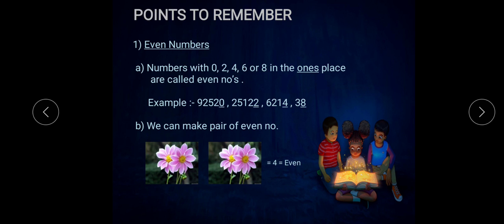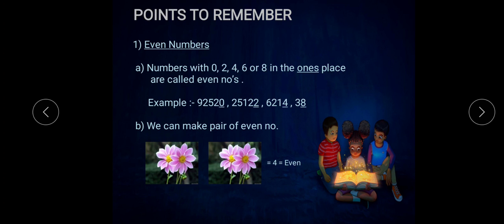For example, you can see in the example given below, the example is 92520 and the last digit is 0, which is this. Next, 25122, the last digit is 2, which is this. 6214, the last digit is 4, which you can see here. 38, the last digit is 8, that is this.